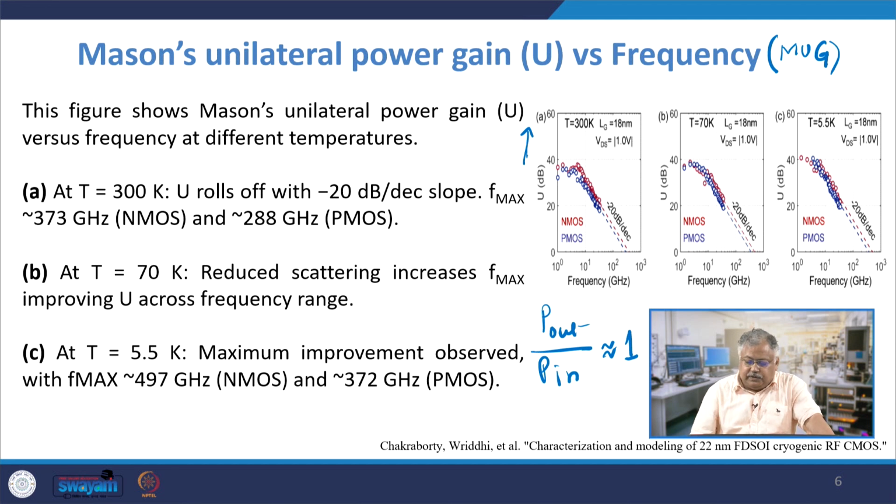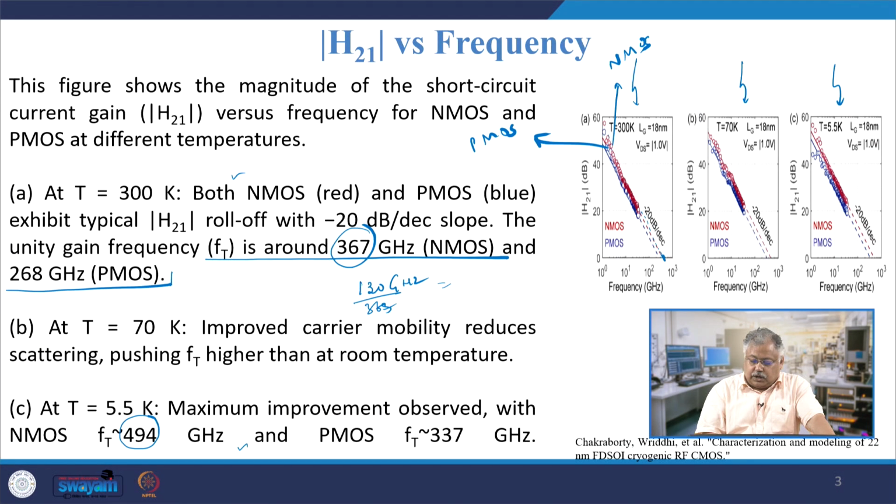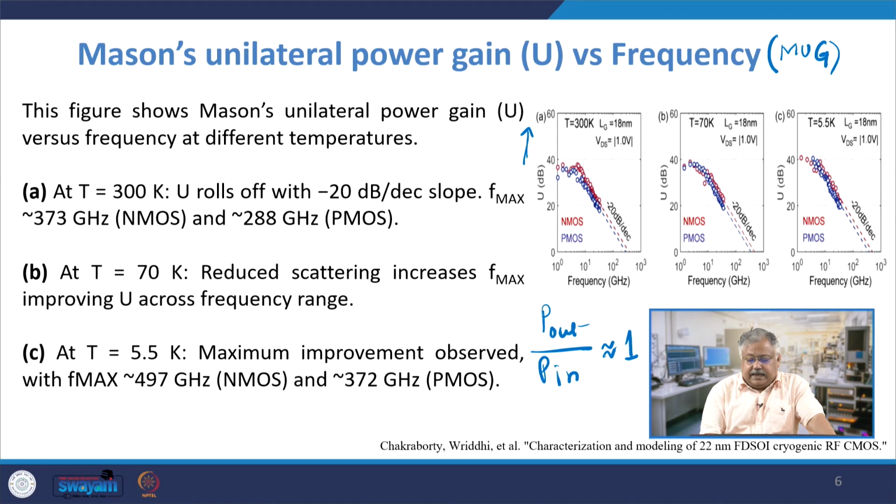One important point to be seen here is, unlike the previous graph, where even at very low frequencies your H21, the short circuit current gain, keeps on increasing, here interestingly it tends to saturate at a very low frequency.